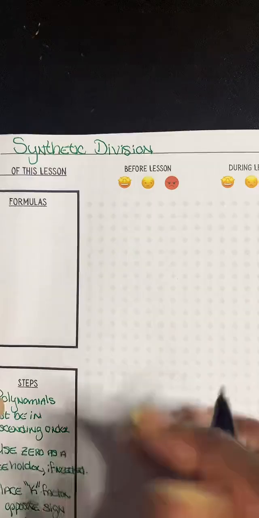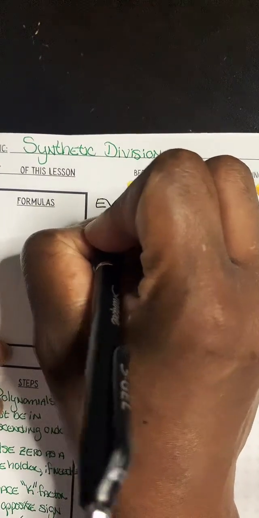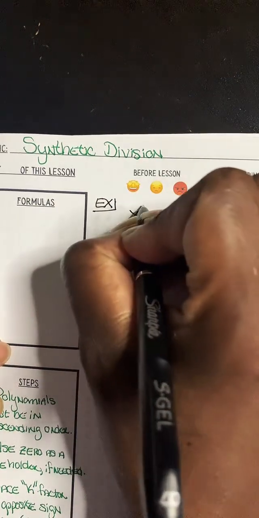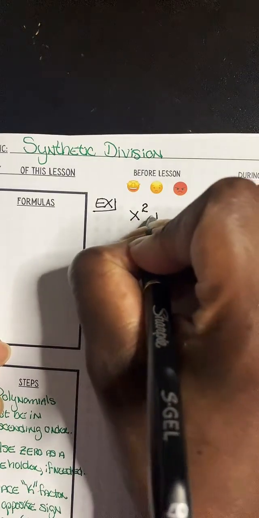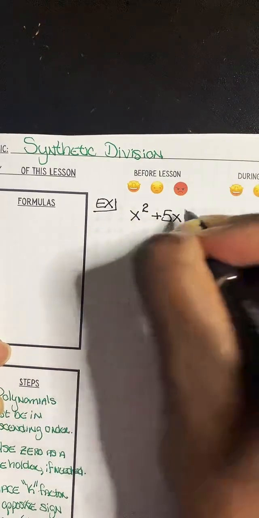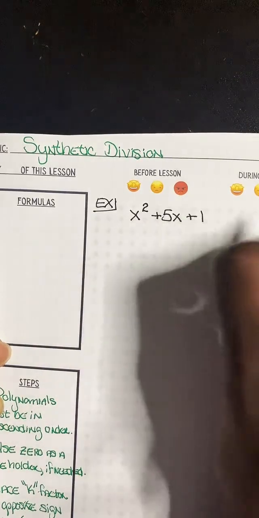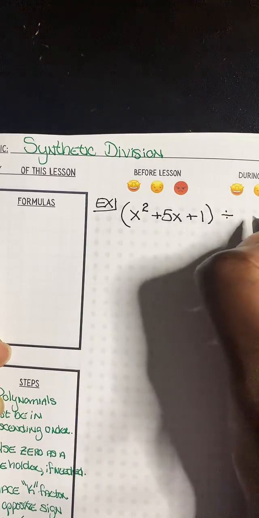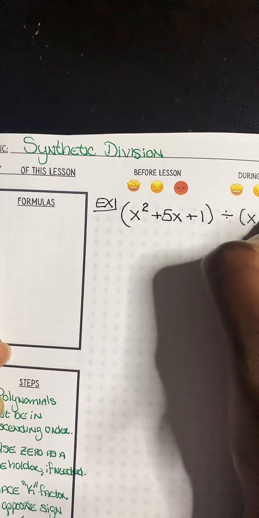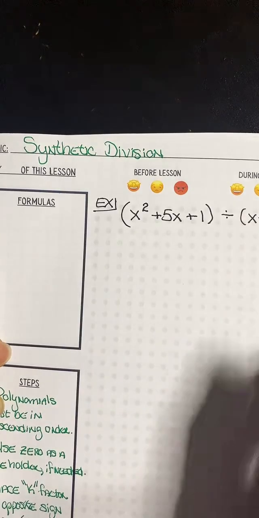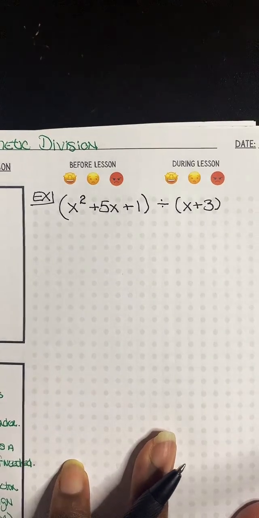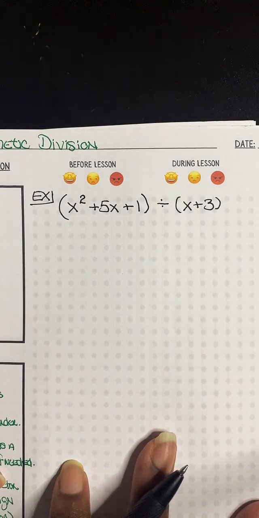All right, so what I want to do is take x squared plus 5x plus 1, and this is being divided by x plus 3. All right, so it's being divided by x plus 3.